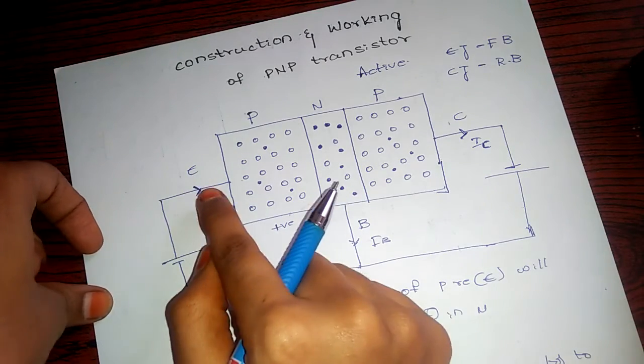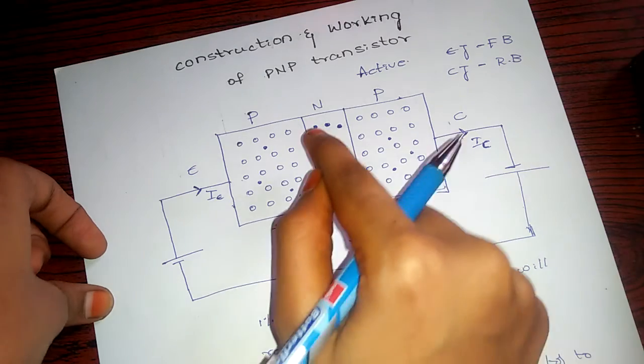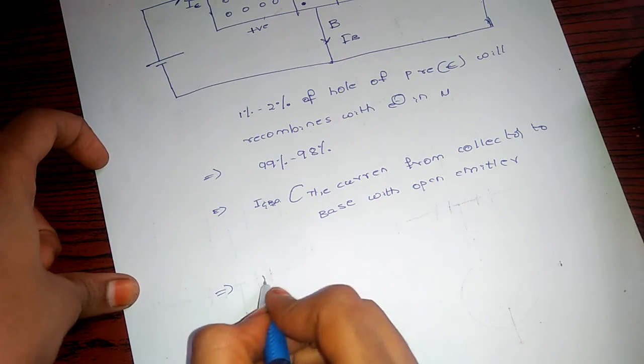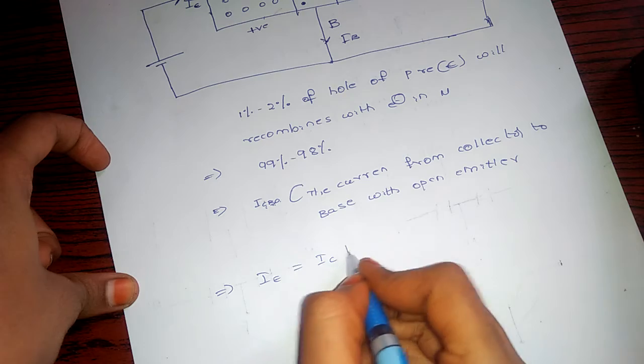So by the final equation you can give this. The emitter current is flowing in two directions, so you can give IE is equal to IC plus IB.